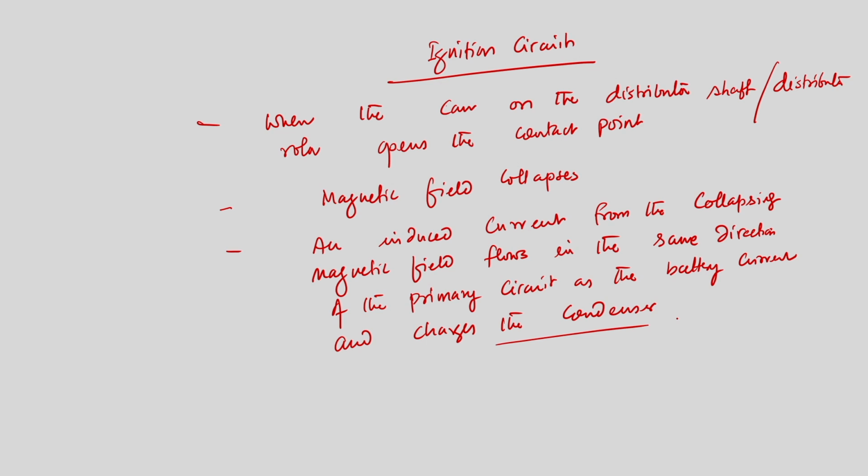Now, the moment the distributor rotor opens the contact point, because of rapid collapsing of the magnetic field, a voltage will be developed in the primary circuit, and that is also very high, of the order of 250 volt.